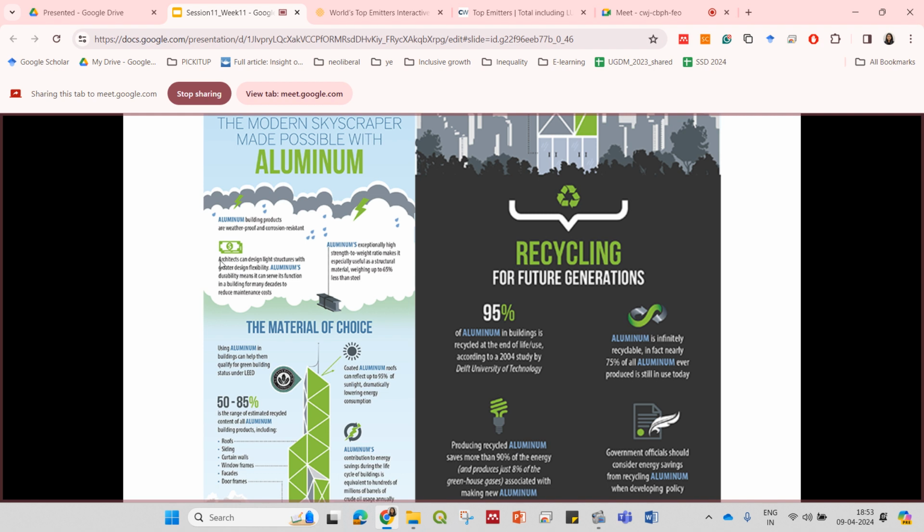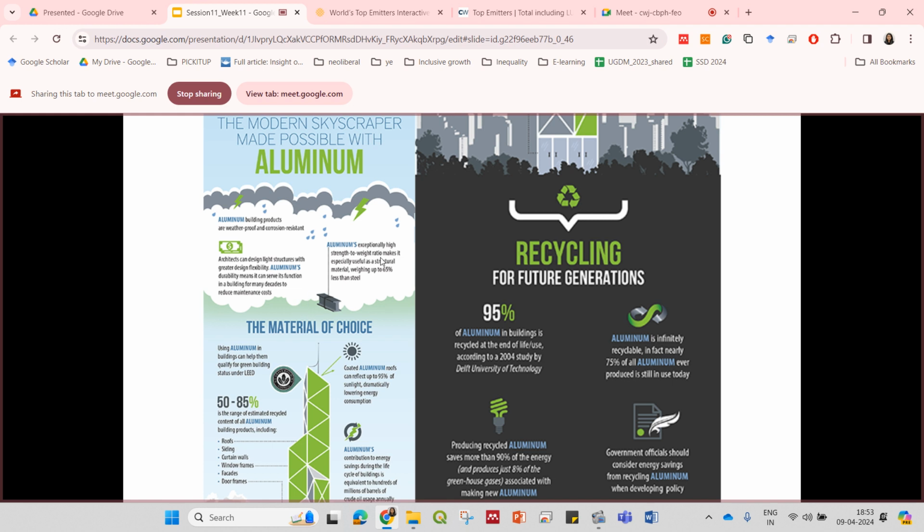Also, that architects can design light structures with greater design flexibility, and aluminum's durability means that it can serve its function in a building for many decades to reduce maintenance costs.